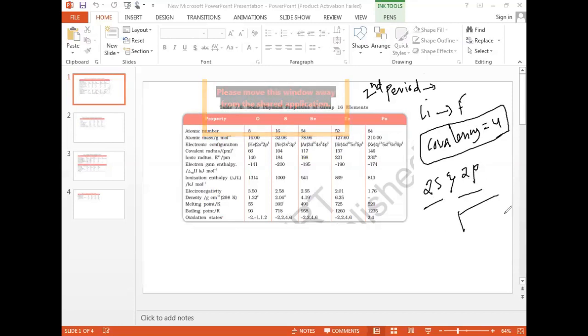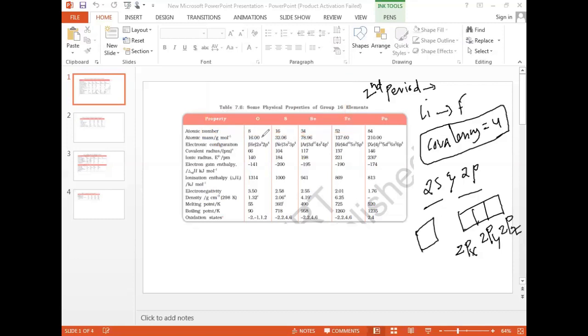We can see three 2p orbitals, 2px, 2py, and 2pz, and one 2s will be there. That is why we can see 4 bonds with other elements. That is the reason the covalency is 4.